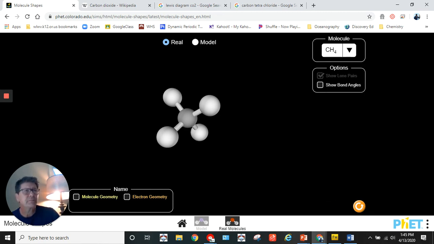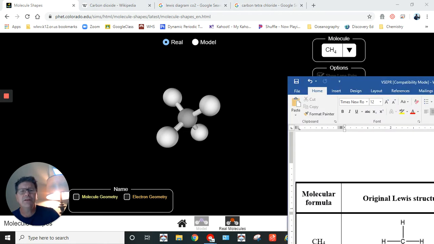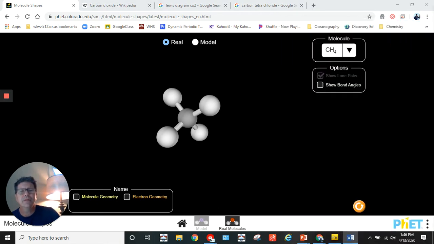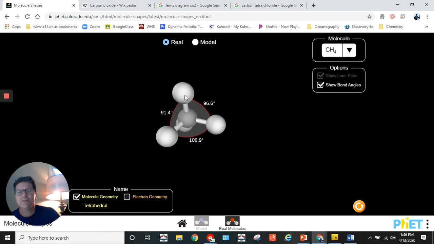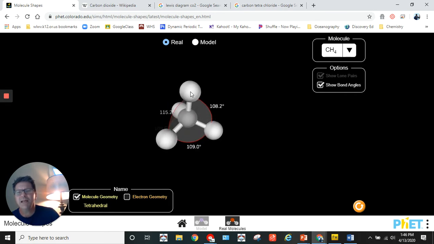If I want to know the bond angles, which is by far the most difficult thing to figure out on your own, I can click this button for bond angles. And if I want to know the molecular geometry, I can click this. This shape, kind of like a pyramid, is called a tetrahedral.